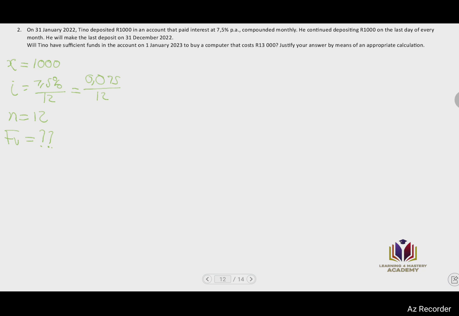We've already established and identified that we're looking at a future value. So we're just going to copy the formula x equals, 1,000 open bracket, open bracket 1 plus i close bracket to the power n minus 1 close bracket all over i. Then we substitute everything. 1,000, open bracket, 1 plus 0.075, not 0.05, 7.5 over 12 close bracket.